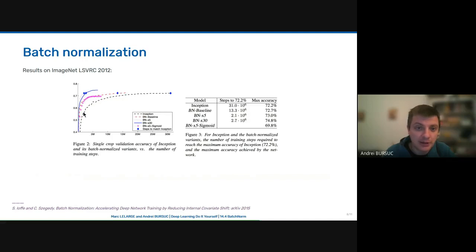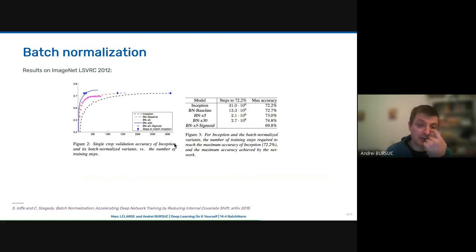And we have several batch norm baselines, and you can see that all of them are way faster than the variant without batch norm. We get to the same performance or even better in significantly fewer steps, with better accuracy than before.